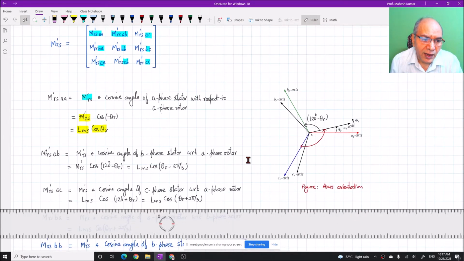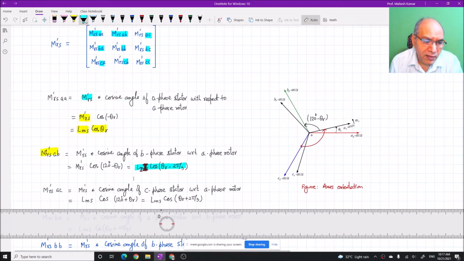Similarly, MRS dash AB will be the cosine of the angle between the B phase stator and the A phase rotor. B phase stator is here, and A phase rotor is here. So this angle is 120 minus theta r, or theta r minus 120 in a direction. So this becomes cos theta r minus 2 pi by 3.